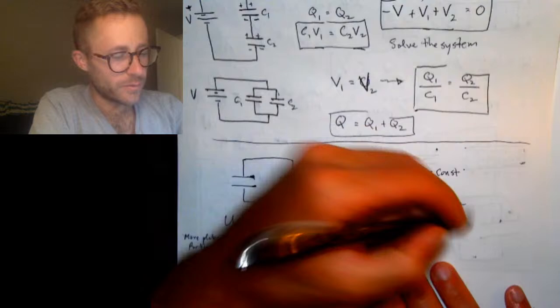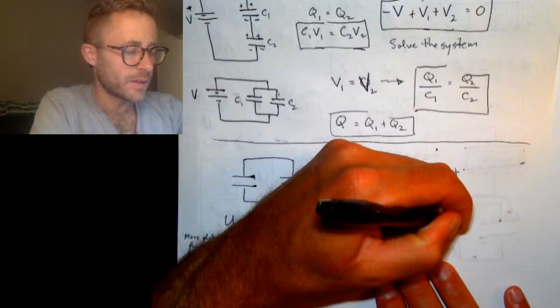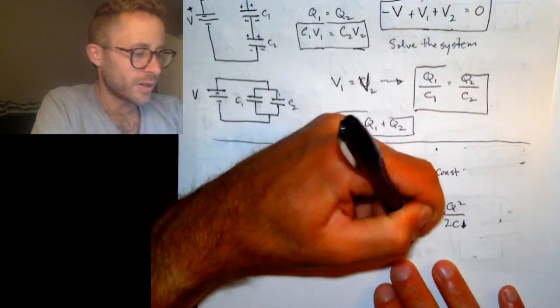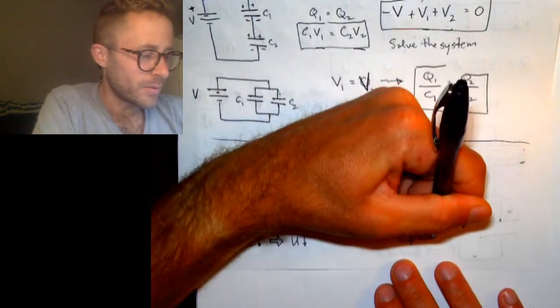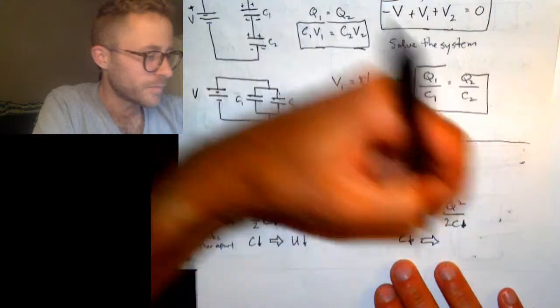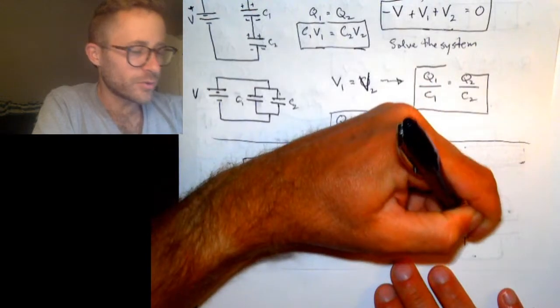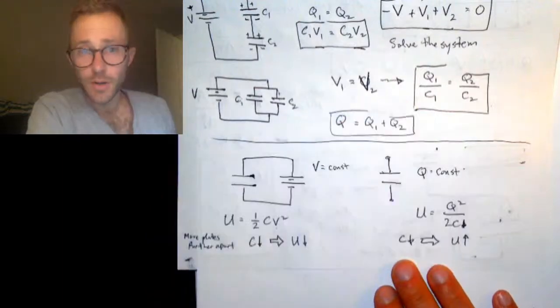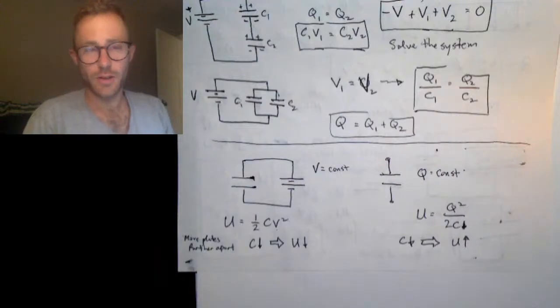If the capacitance goes down, capacitance is in the denominator, so that means that the energy stored in the capacitor goes up. So see how the scenario matters. What is constant within the capacitor matters.